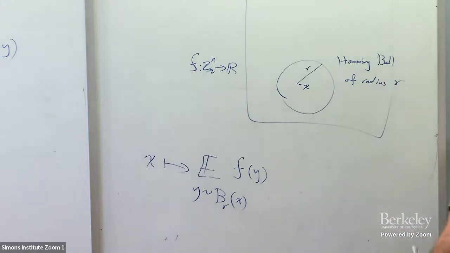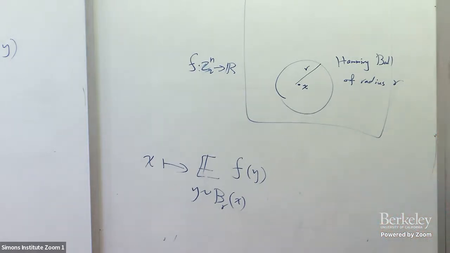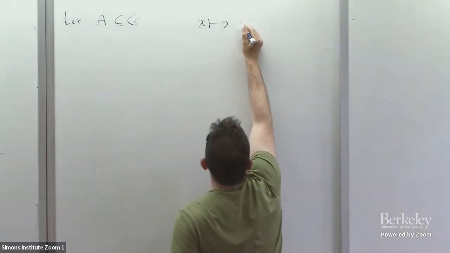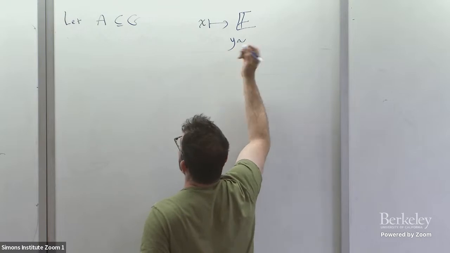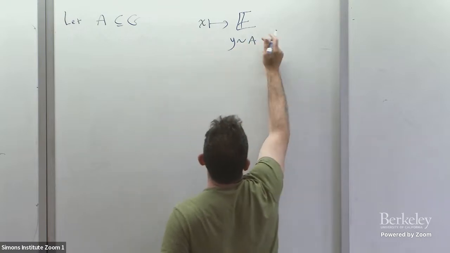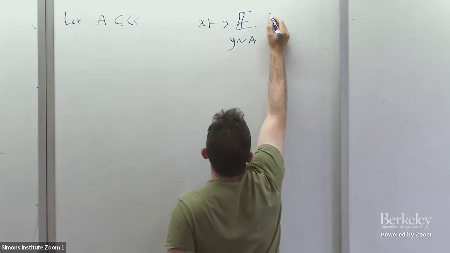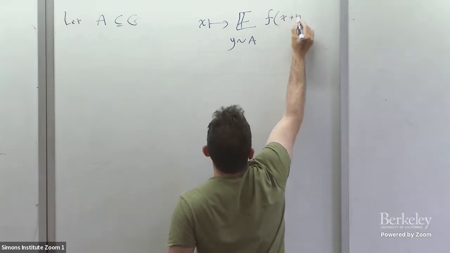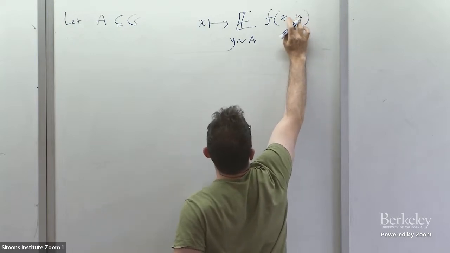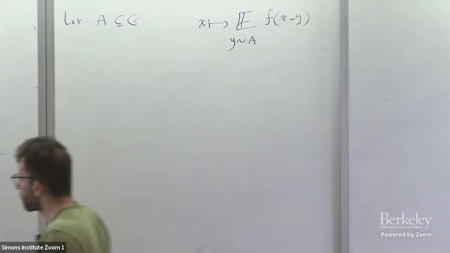So generally, let A be a subset of G. Suppose I want to look at the function that maps x to the following: you select a point y from the set A at random, and then you look at f of x plus y, or let's say x minus y, to be nicer with convolution.